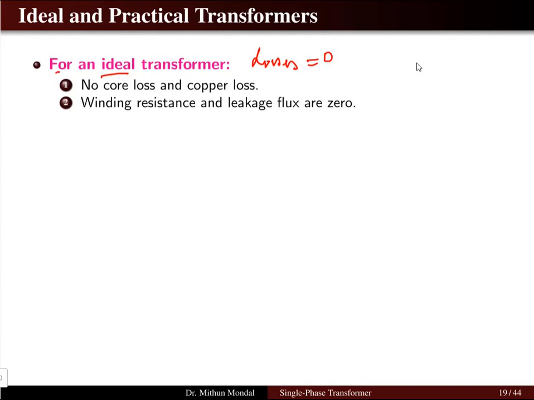And we have seen that the losses means either the core loss or the copper loss. So core loss will be zero and the copper loss also will be zero. If copper loss is zero, it means there is no resistance of the winding or no resistance of the flow of the current, and all the leakage flux will be also zero. It means that only there will be the main flux and leakage flux will not be present.